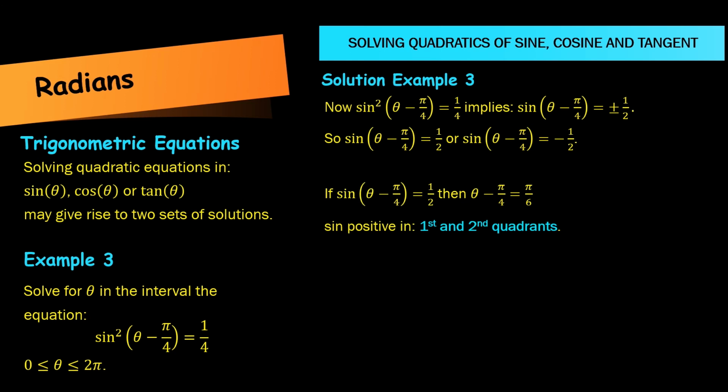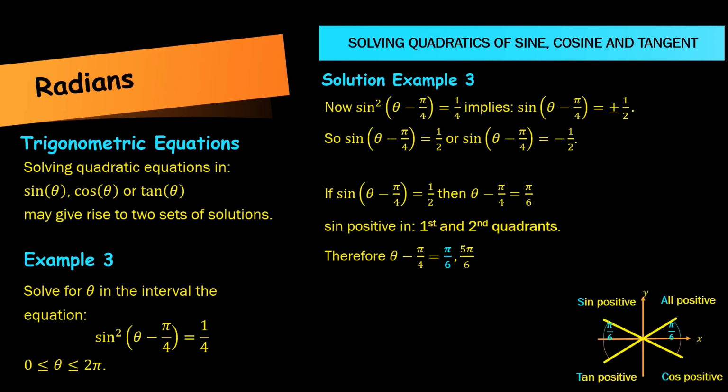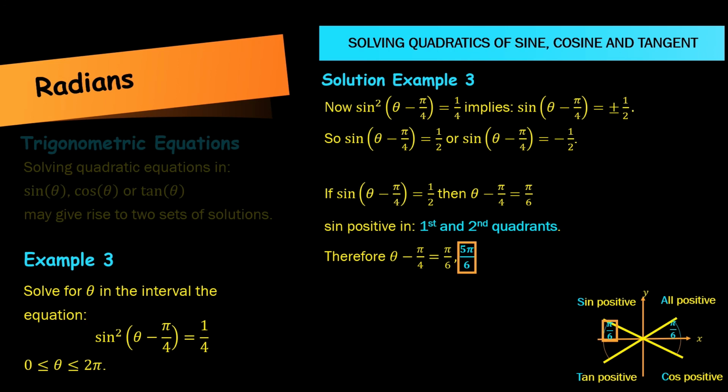Now sine, of course, is positive in the first and second quadrants. Therefore, theta minus pi by 4 equals pi by 6 or 5 pi by 6, which of course is pi minus pi by 6.